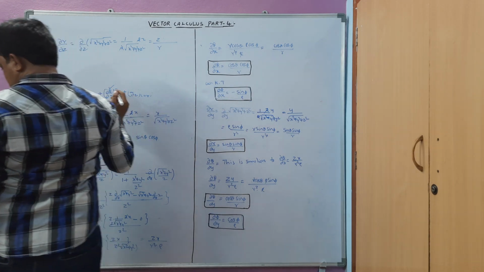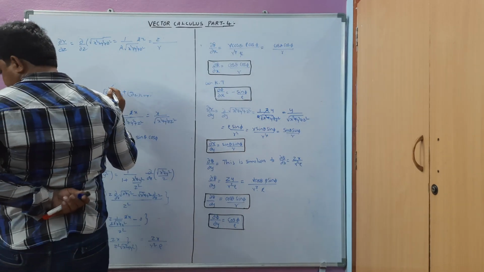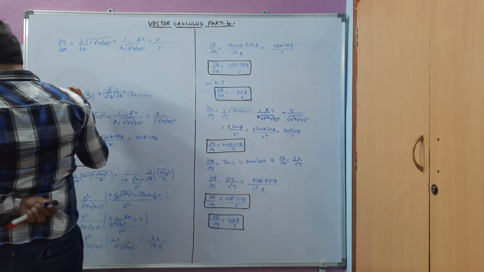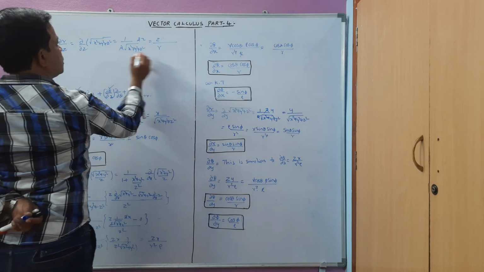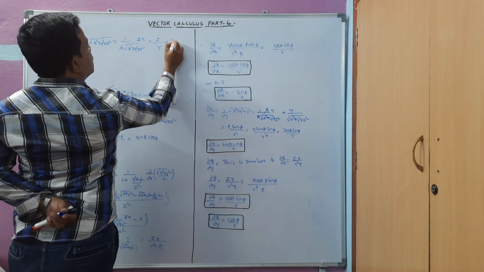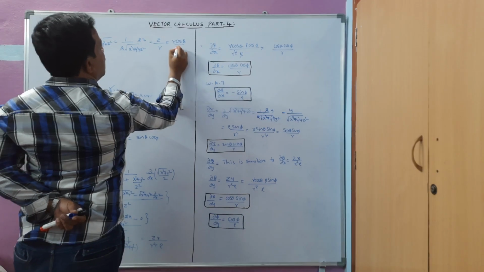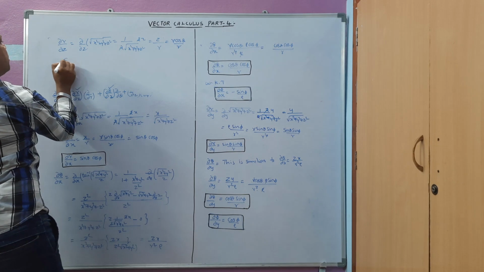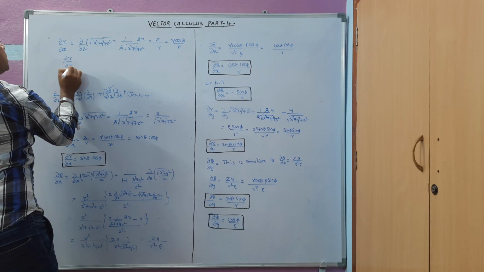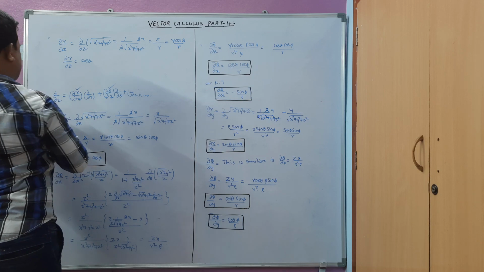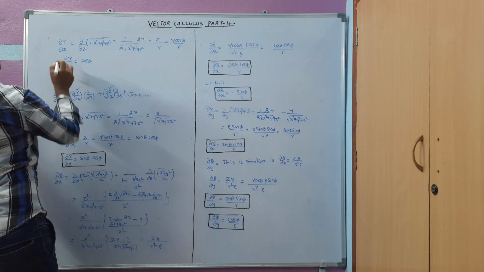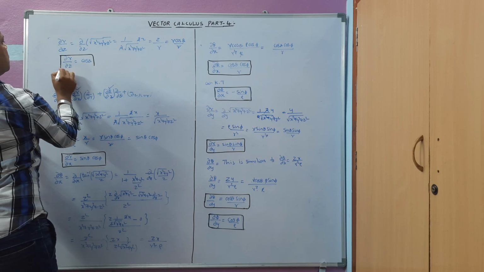So we know that z is equal to r cos theta, that is r cos theta by r. I get here dou r by dou z as cos theta. So I will keep this another one in the bracket here.